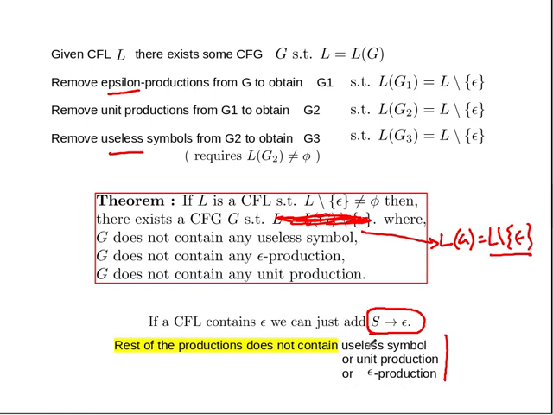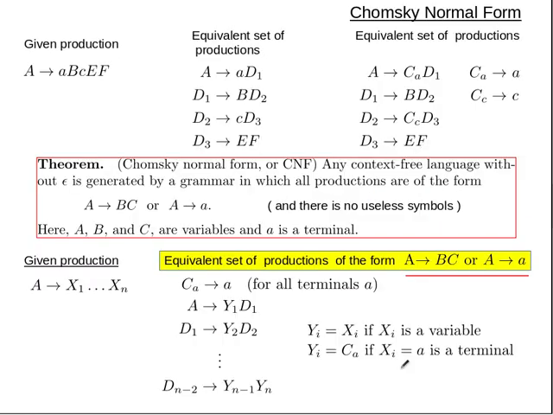But generally we avoid languages containing epsilon. So we normally talk about languages without epsilon, precisely for this reason, that we can have a grammar which does not have epsilon production, and also which does not have useless symbols or unit production. Okay. So now suppose you have a grammar which does not have useless symbols.